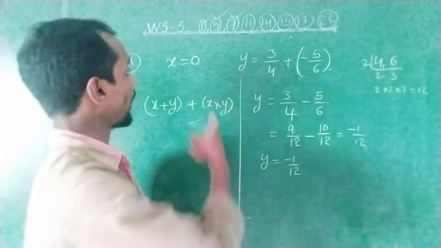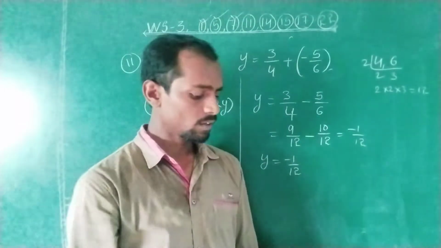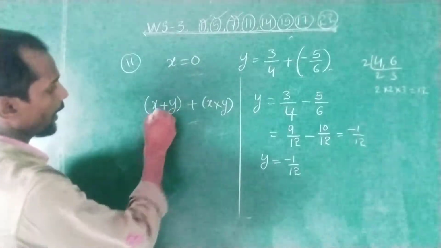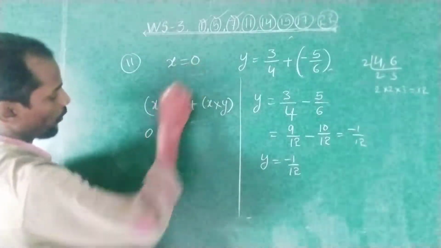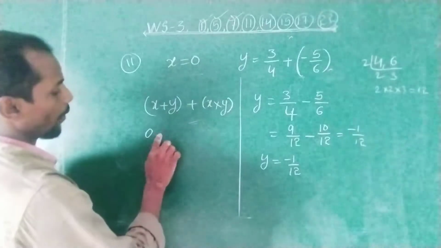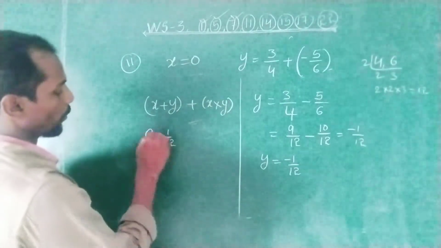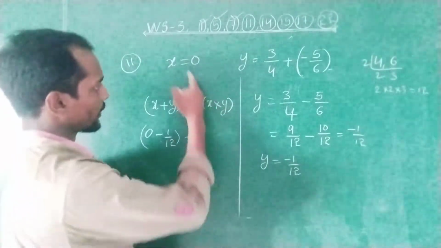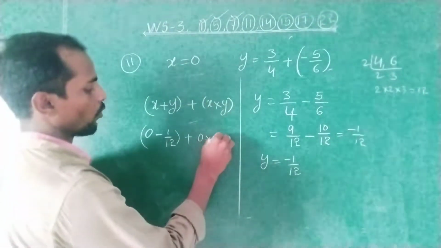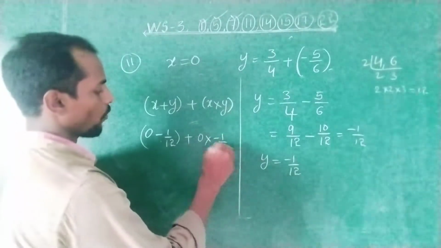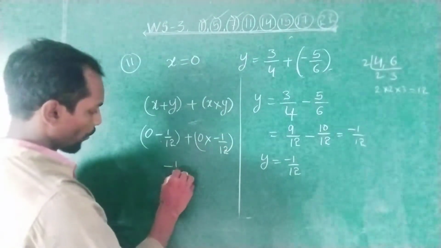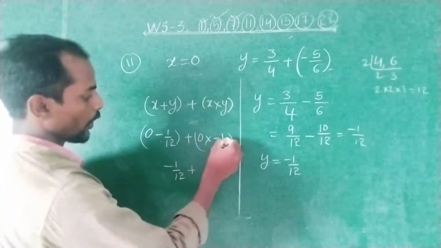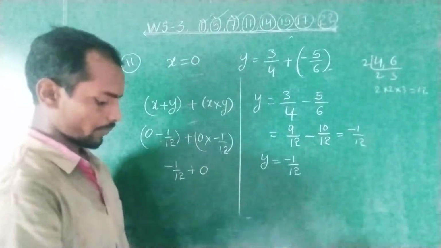Now we have x value 0, y value minus 1 by 12. That will do here x plus y: 0 plus y value minus 1 by 12, plus x into y. So here x value 0, y value minus 1 by 12. What happened? Minus 1 by 12 plus 0 into any number is 0.